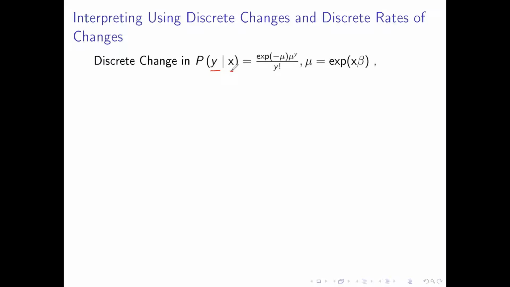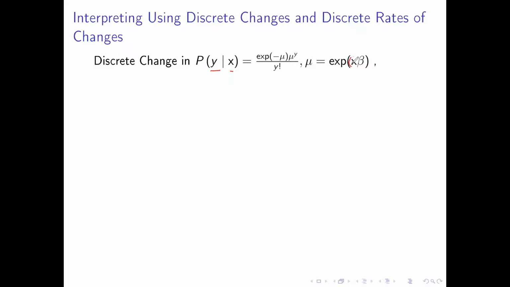That is the probability of having a certain count, although we only observe one realization of count for a respondent or for a case or observation, but the probabilities for different counts still exist. So that's what's in the numerator. And in the denominator is y factorial. And here, mu is the expected count, equal to the exponential function of x beta.